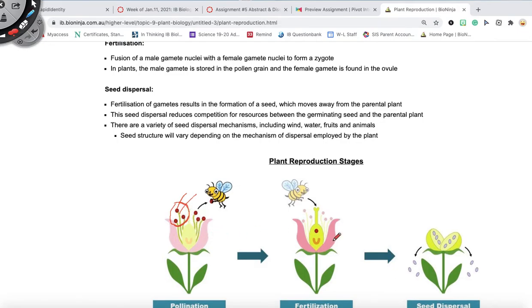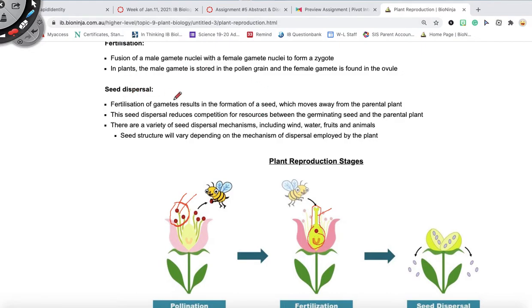And then in this structure right here we find the female reproductive organ, and that's composed of the style, which is this tube here, and the stigma, which is where the pollen attaches, and then the ovule is found right here inside the ovary. So all of this would be the ovary of the plant, and then the ovule is found right here. So then the pollen can transfer, and the sperm can travel down the style into the ovary and the egg of this flower.